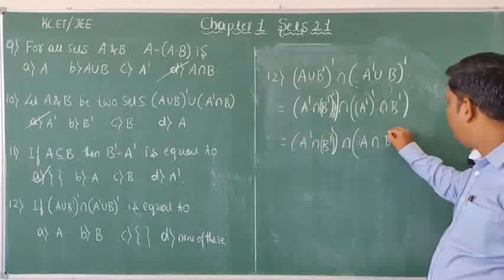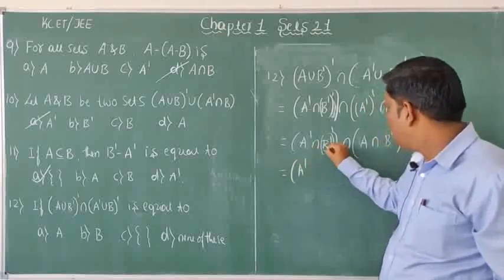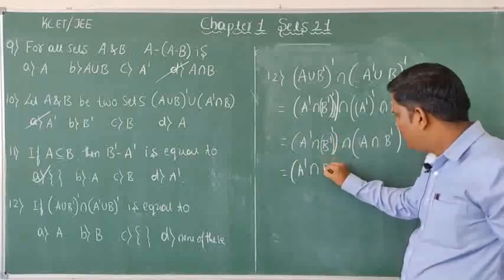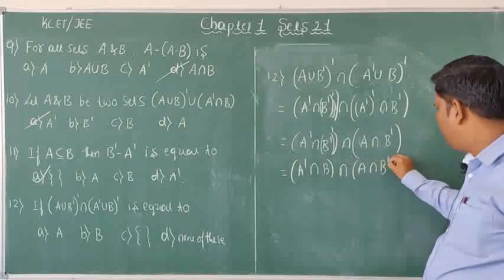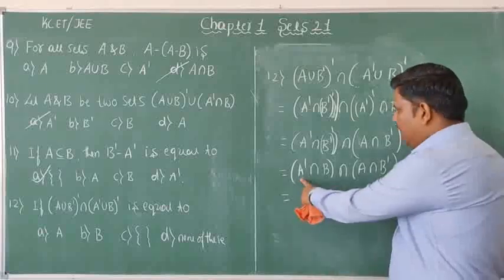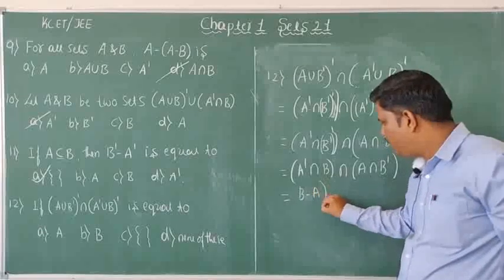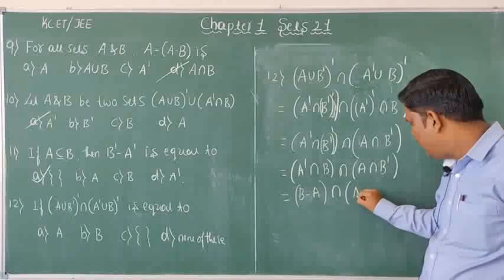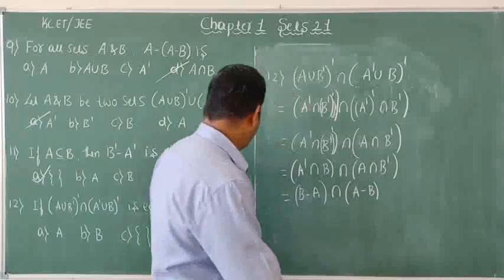So this is equal to A dash intersection B, intersection A intersection B dash. Please observe. A dash intersection B means B minus A. A intersection B dash means A minus B, by Venn diagram.